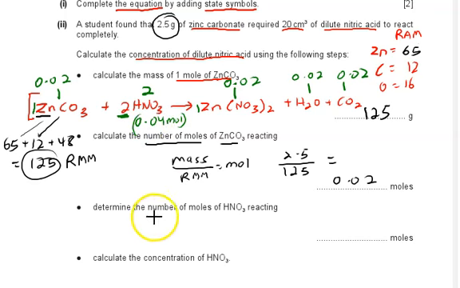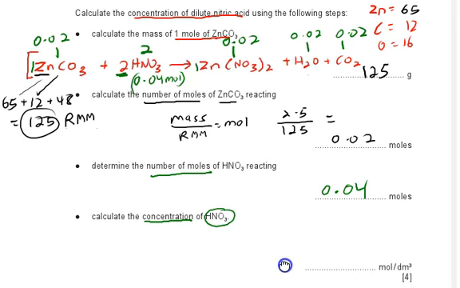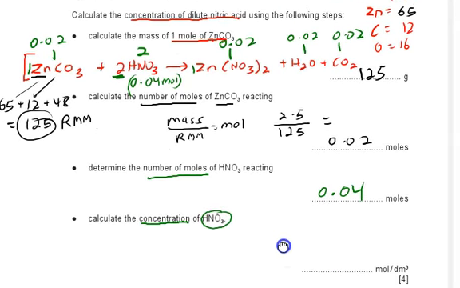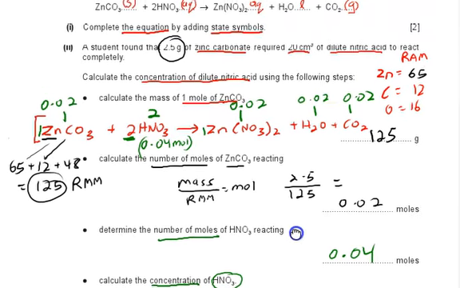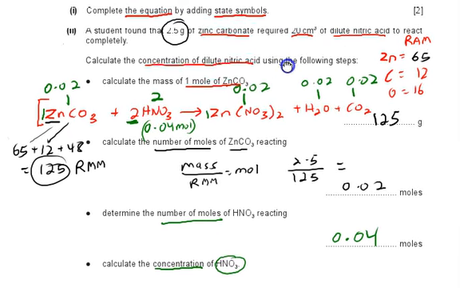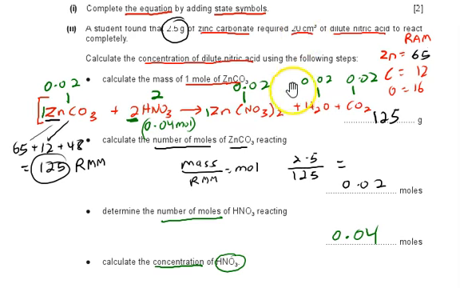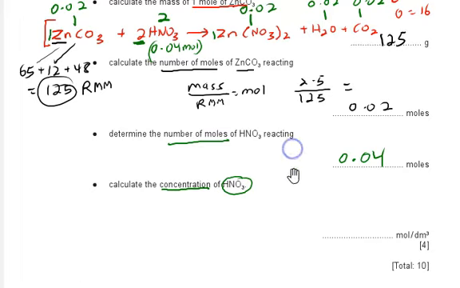Alright. So determine the number of moles of nitric acid. Here you have 0.04. Okay, now calculate the concentration of nitric acid. The volume is 20 cm³, given in the question.